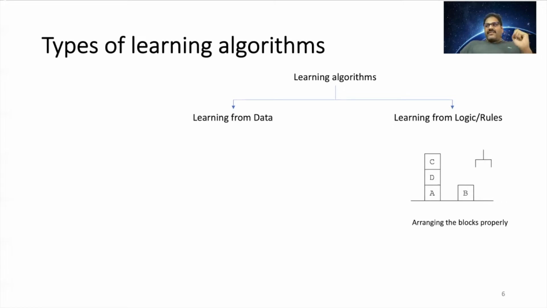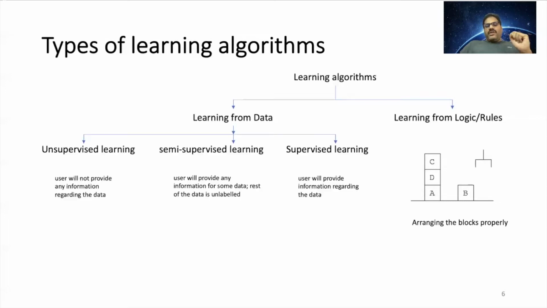The next class of learning algorithms is learning from data. These algorithms learn from the data and complete the assigned tasks. They can be classified into three types: unsupervised learning, semi-supervised learning, and supervised learning.